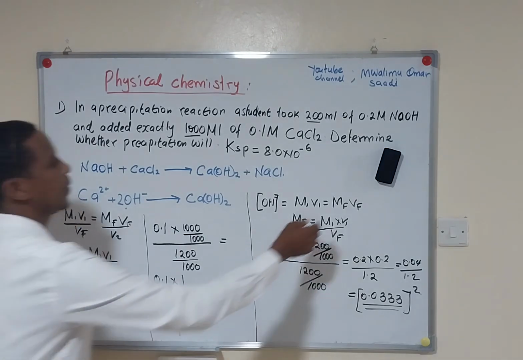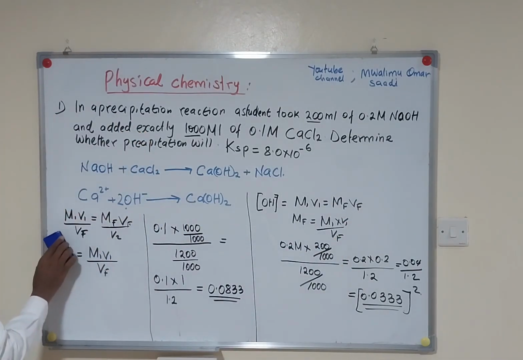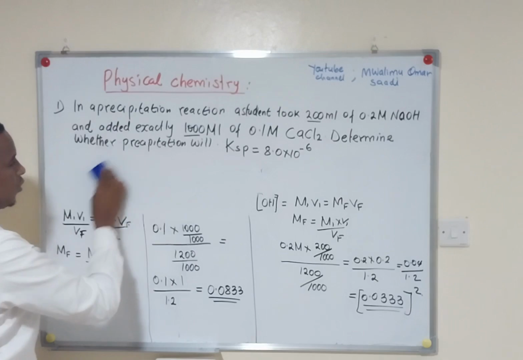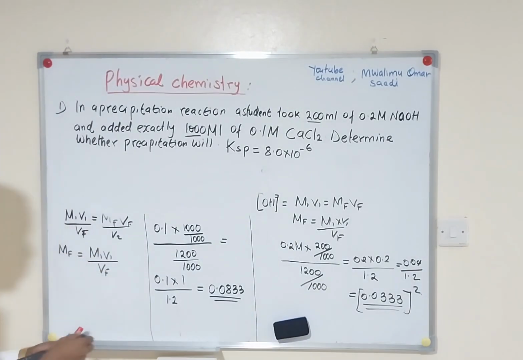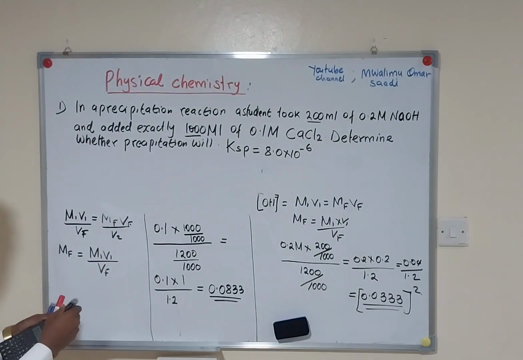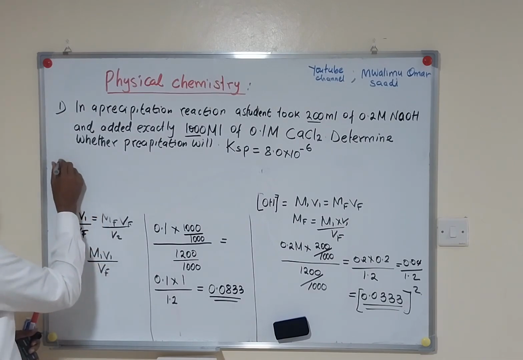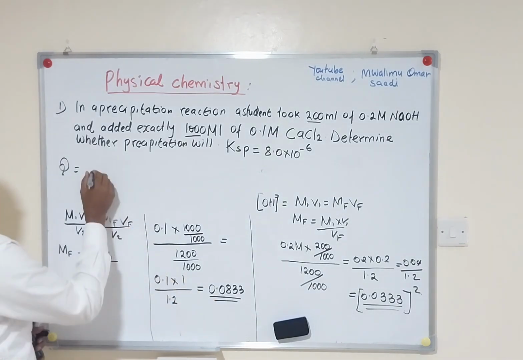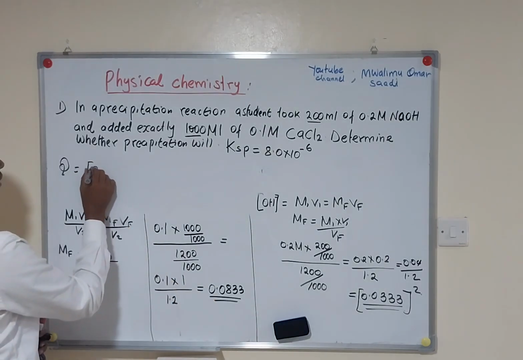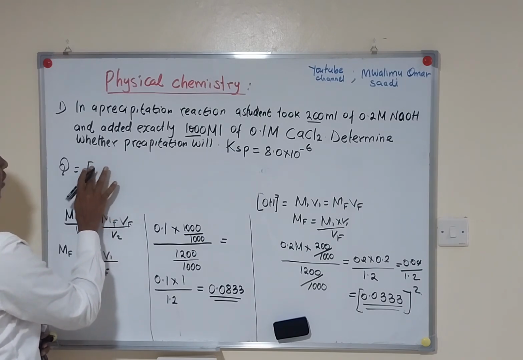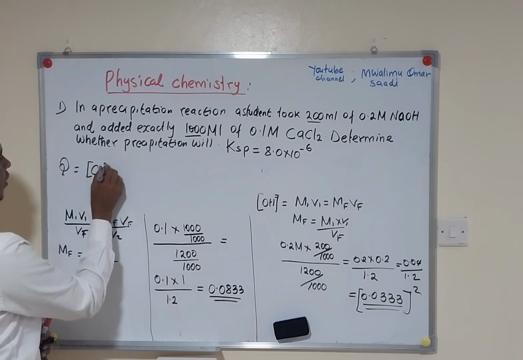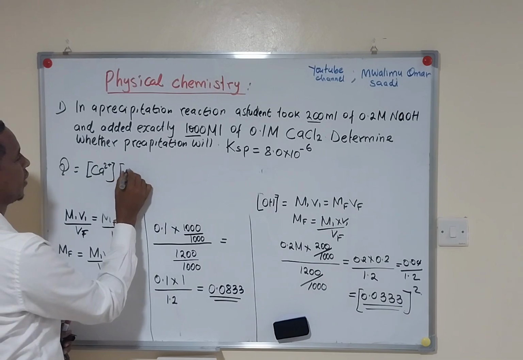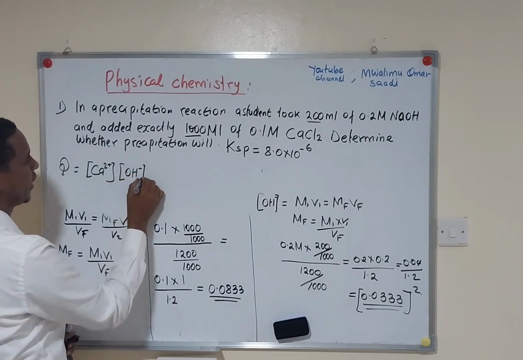Okay, so from there, to get now the reaction quotient, Q is equal to the concentration of calcium ion times the concentration of hydroxide ion.